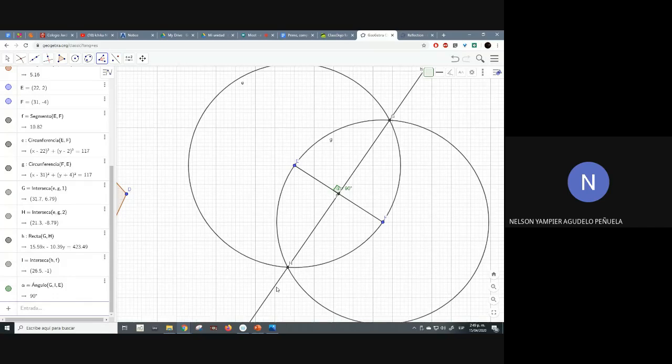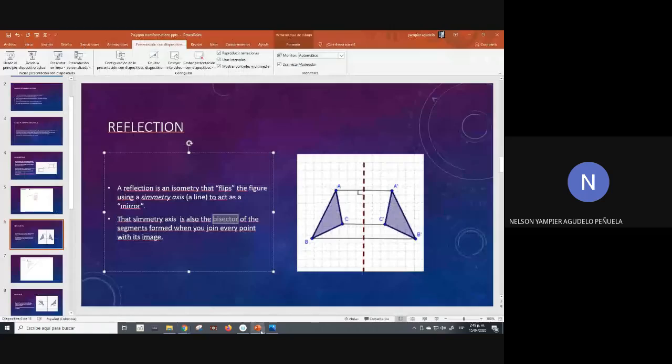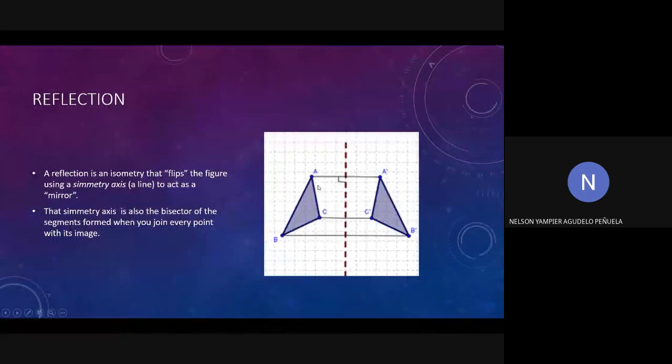So let's go back to reflections. What happens is that this is exactly perpendicular to the lines that join the two points, the original and the image, but it also splits this line in exactly two equal parts. Let me open this and do a drawing for you. You cannot make this.